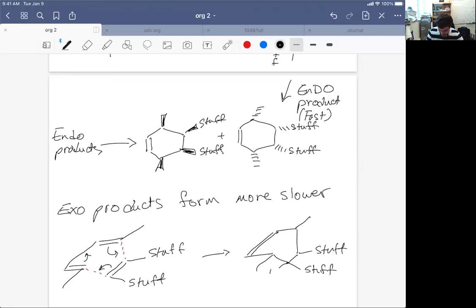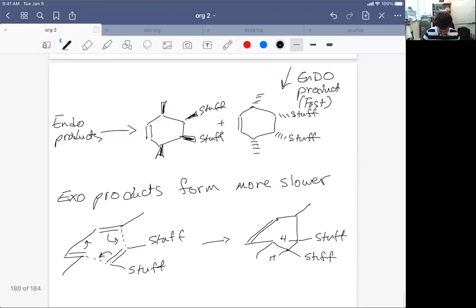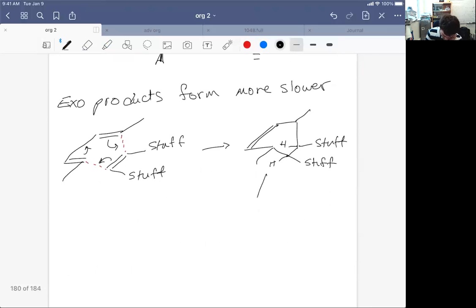If we want to think about where the stuff is when we unfold and unpack the ring, what we're doing is we're lifting that flap up to give us a structure that looks like this. Now the stuff is going to be attached as wedges.